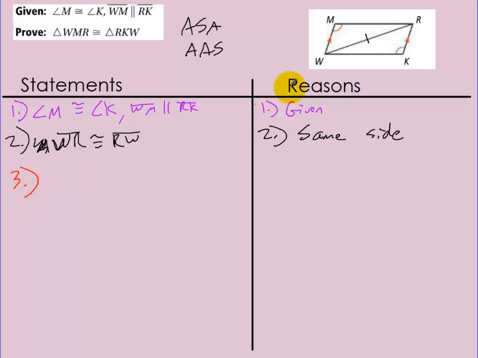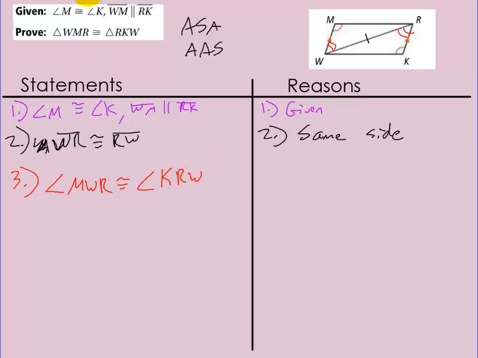The next step, well, I need another angle here. And the neat thing, since these are parallel lines, and we were talking about in chapter 3, the corresponding angles and alternate interior angles and all that kind of stuff, we can actually say this angle right here is congruent with this angle right here. Why can we say those angles are congruent? Well, let's write this out. Angle MWR is congruent with angle, and do it in the same order, KRW.